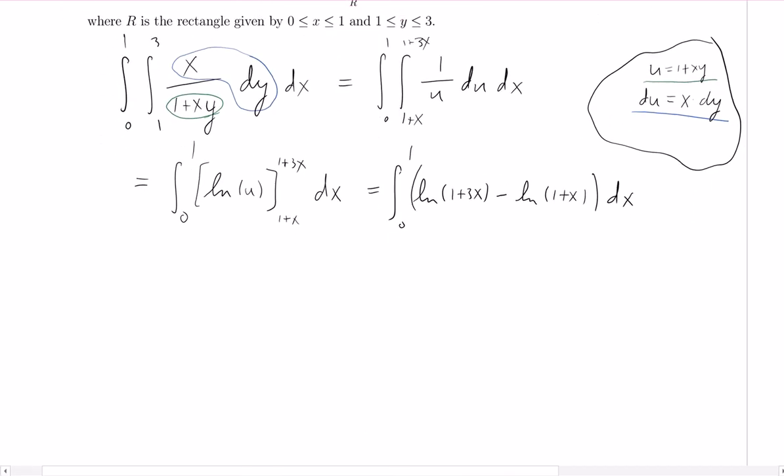So let's take a little detour and remind ourselves off to the side here how to integrate the logarithm function. So remember, the trick here is to use integration by parts. We'll call log of x u and dx dv, and we'll use the integration by parts formula.